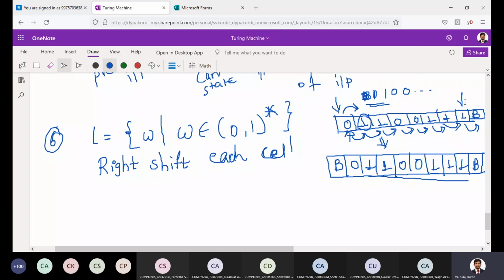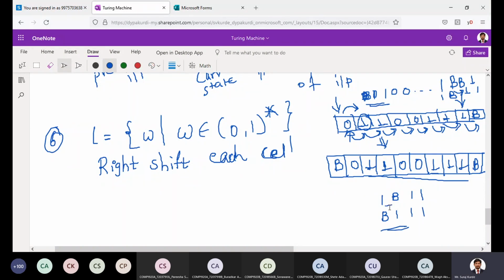Instead of that, we can start from the right cell. Whatever the rightmost symbol is, shift it to the right cell. So it will become blank, 1, 1, 1. Then again, to the left of blank we have something and we can replace it. So replace it with blank, shift 1 to the right. So it becomes 1, blank, 1, 1. Then again, to the left of blank there is a symbol, so replace blank with 1, 1.